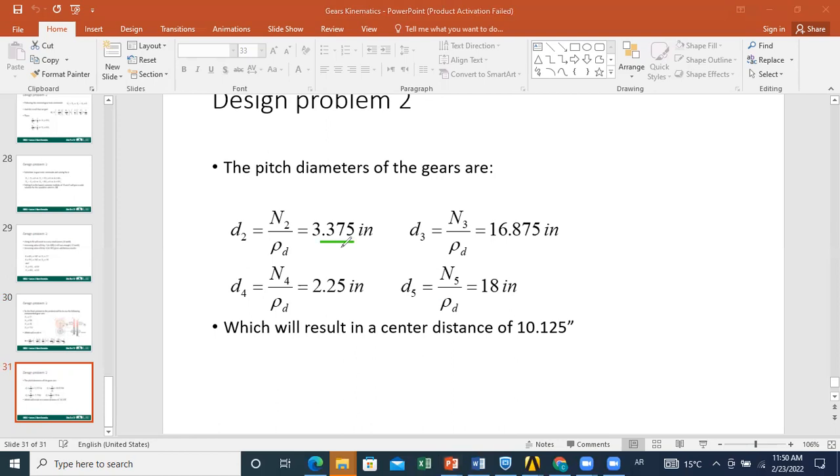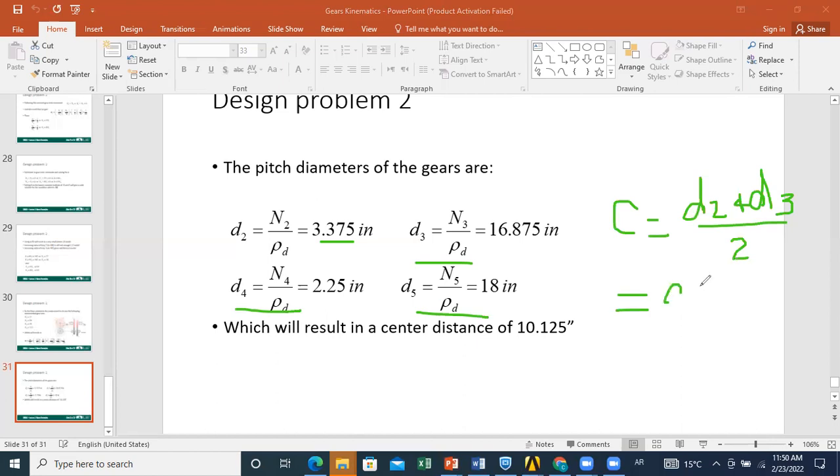You can do the calculation for D2, D3, D4, and D5, and verify at the end that the center distance, which you can calculate in two ways, is D2 plus D3 over 2, and also should be equal to D4 plus D5 over 2. If you do both calculations, both will give you the same result, equal to 10.125 inches.